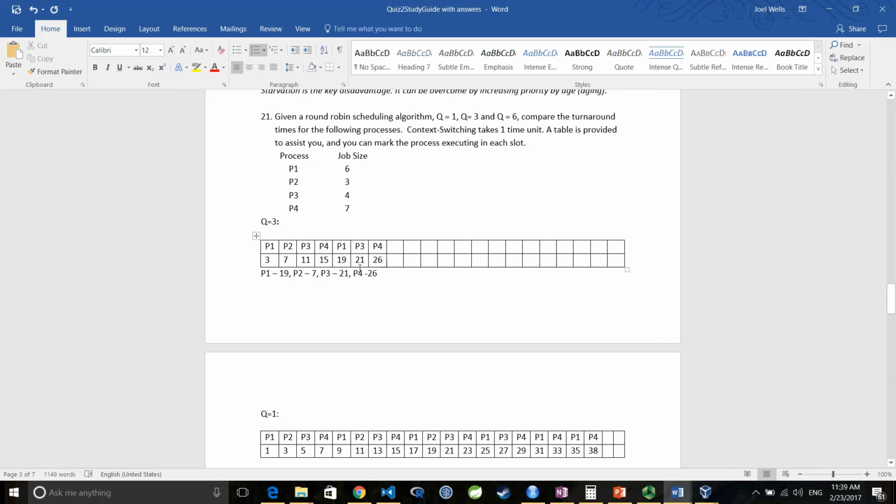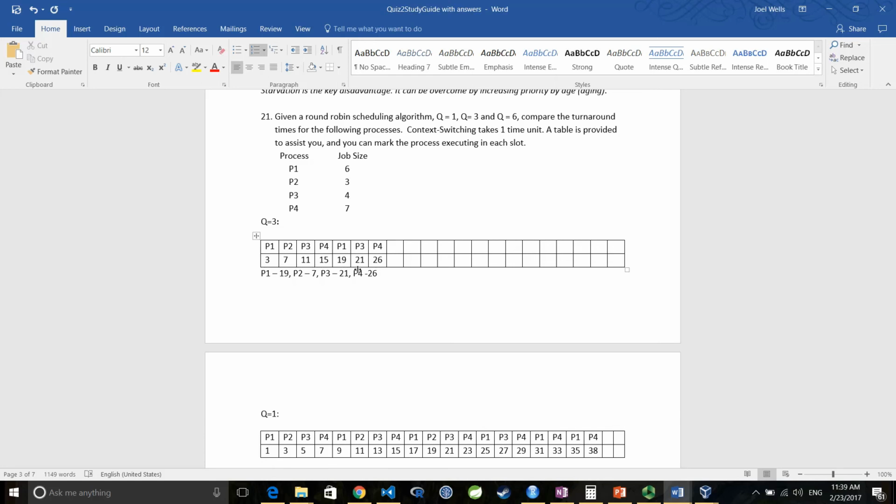Right here with P3, P3 finishes at 21, which is only 2 time units after it starts, with 1 time unit for context switching. That's because it didn't use up its whole time quantum. When a process doesn't use up its whole time quantum, the CPU doesn't sit idle, because there are several ways of giving up the CPU, right? One is to yield. The other is the CPU stops you, for instance, with round robin, and switches.